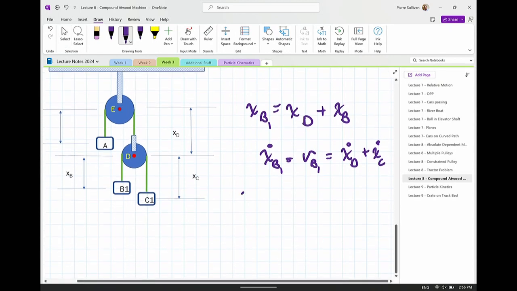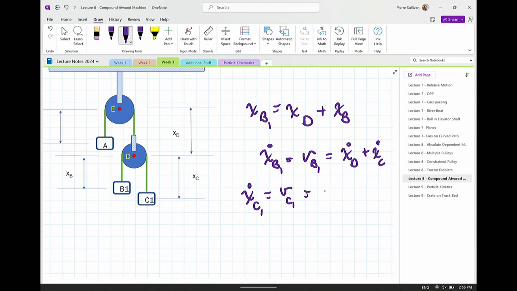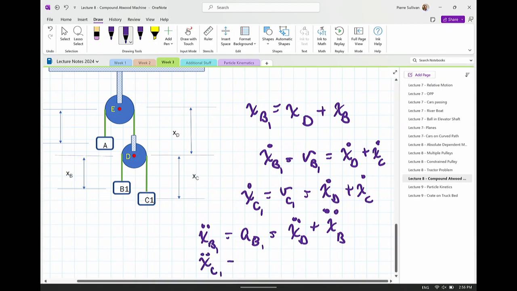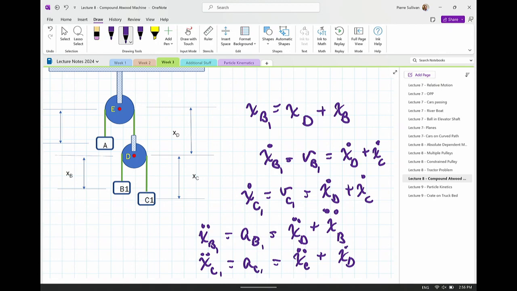And I can do the same for C. And if I do that, I end up with now a relationship that allows me to use the information from velocity and acceleration at point D.